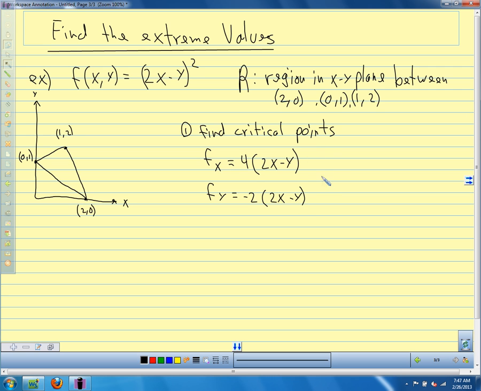When we set each one equal to 0, it gives us y equals 2x. So on the line y equals 2x is where these two first partials are equal to 0. So our critical points are along the line y equals 2x.